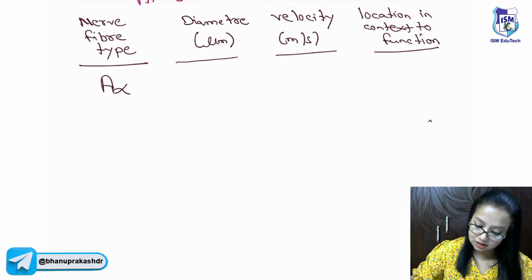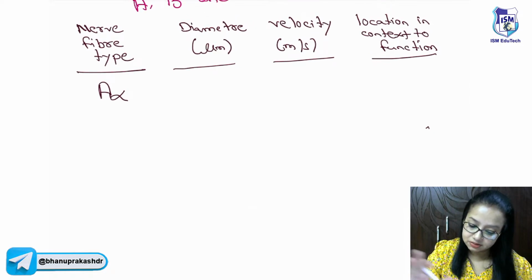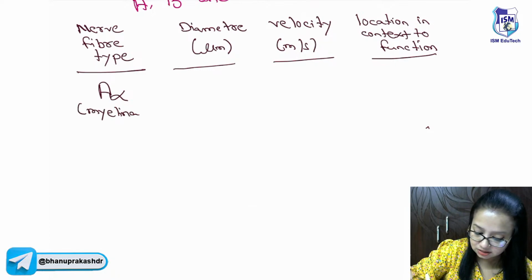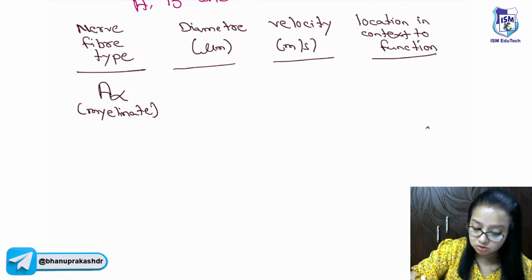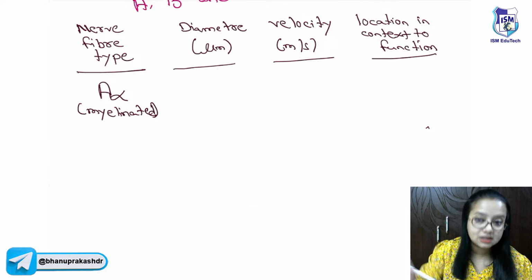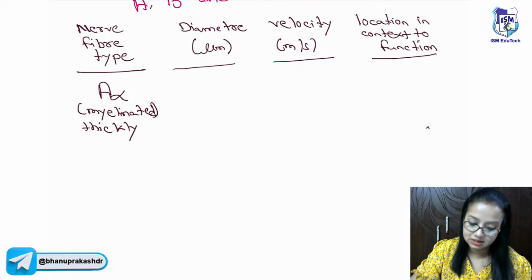So A alpha. This is myelinated. It is not only myelinated, it is very heavily myelinated, very thickly myelinated.